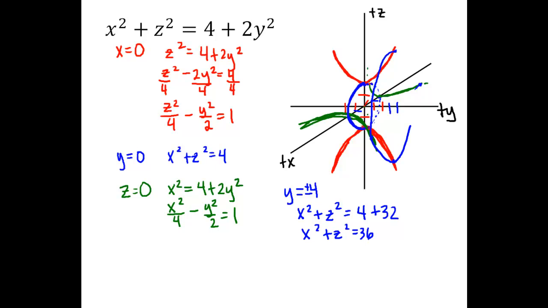We get this ellipse out here, and as y gets larger and larger, my ellipses will get larger and larger as well. What this gives is a bell edge to the bell shape that we've got here on this surface. You can think of the bell of a tuba or something like that, where you've got a small part here, and then as you come out it gets wider and wider and wider.